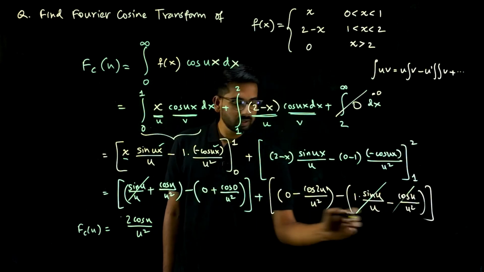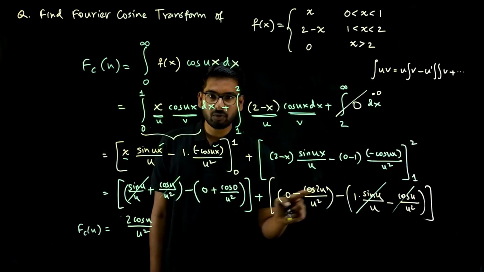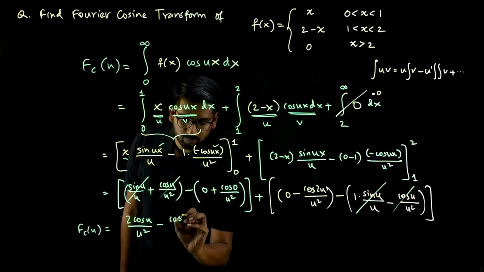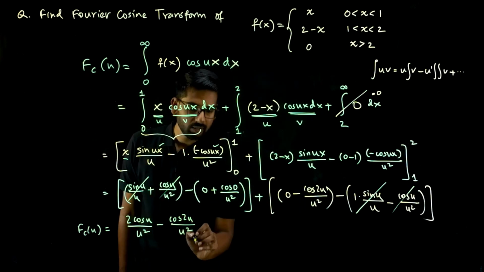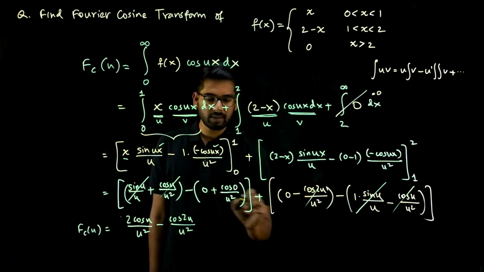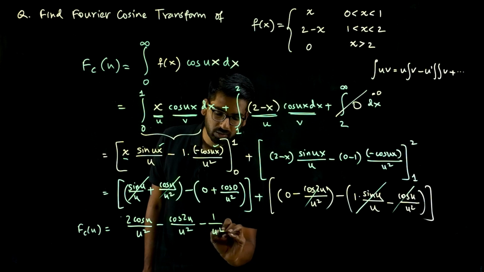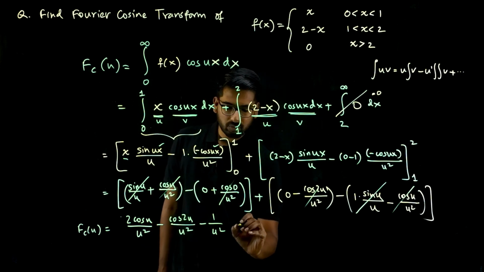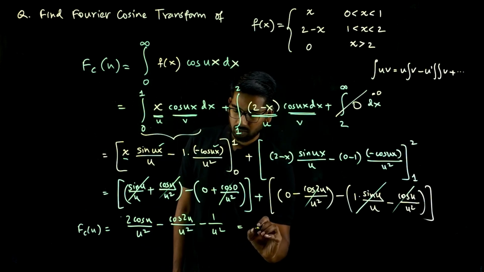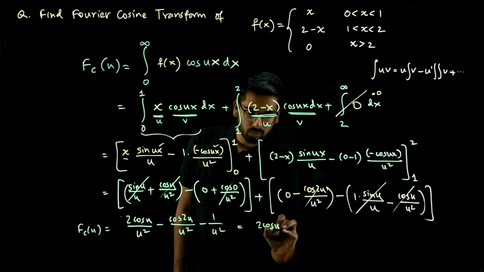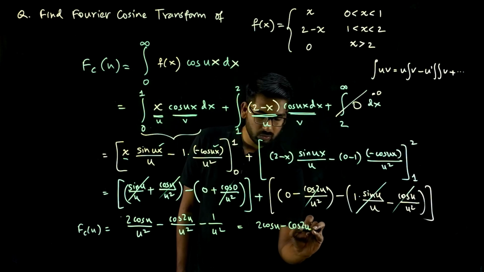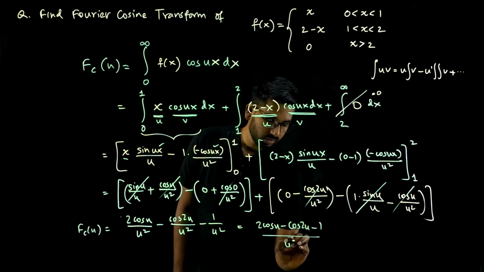Then minus into plus minus, cos 0 is 1, over u square. So you can write the answer as 2 cos u minus cos 2u minus 1, over u square.